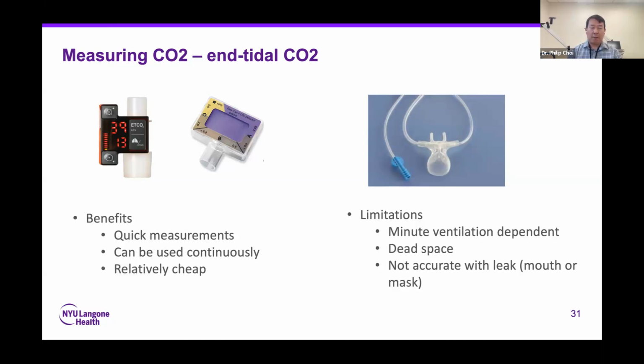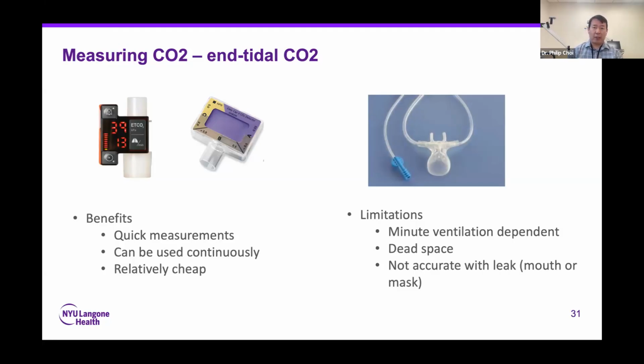But some of the limitations for patients with chronic respiratory failure is that it is minute ventilation dependent. It is dependent on your dead space. So if you have quite a bit of dead space from intrinsic lung disease, the measurements that you're getting may not be very accurate.